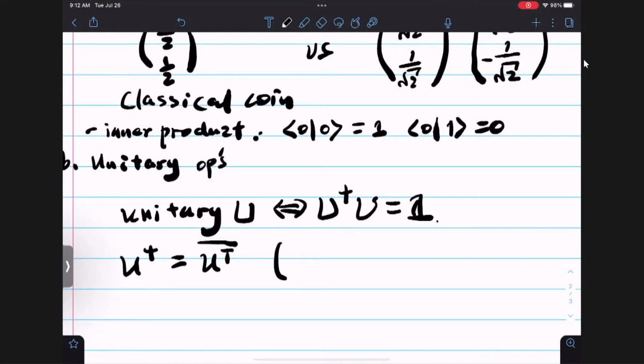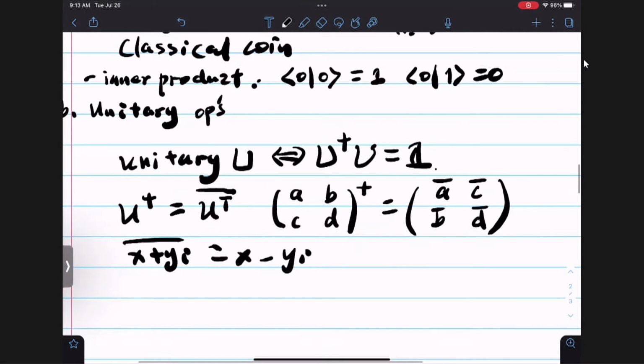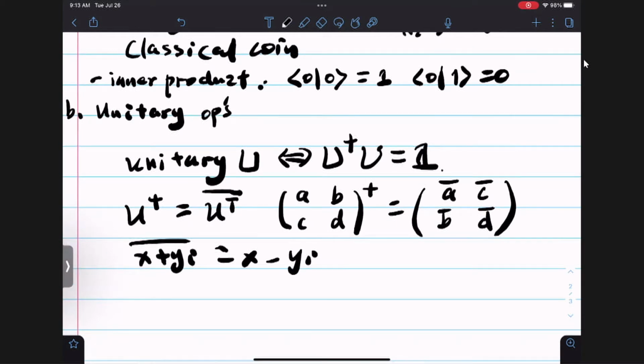So for example, if we have this 2 by 2 matrix A, B, C, D, the dagger will be A, C, B, D, and then the complex conjugate. And just in case it's not clear, the complex conjugate for a complex number x plus yi is x minus yi.